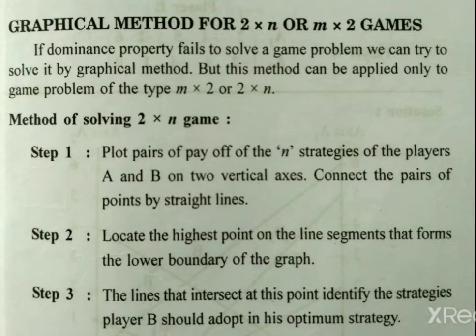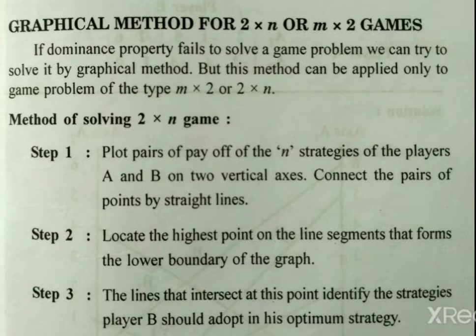If the dominance property fails to solve a game problem, we can try to solve it by the graphical method. But this method can be applied only to game problems of the type m by 2 or 2 by n matrix. Suppose the dominance property fails, then we can come with the graphical method.